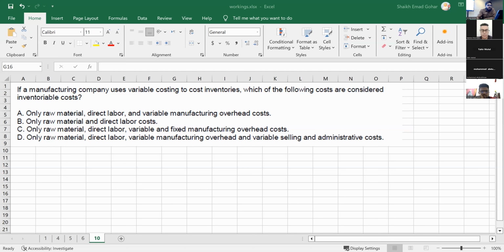So my friends, what is the answer? A. A is the answer. Very nice. So only raw material, direct labor, and variable manufacturing overhead is the answer, right? Very simple question.